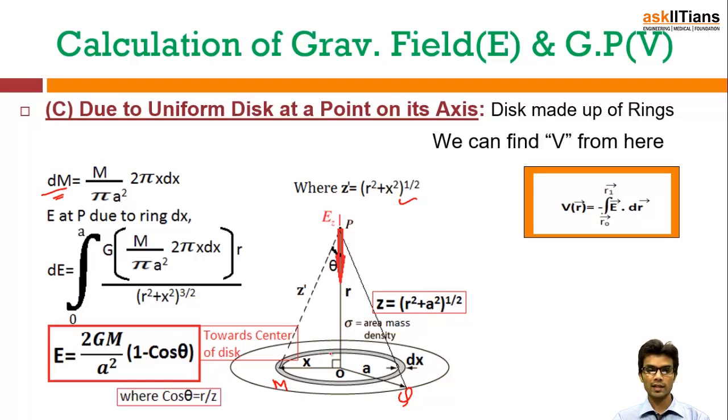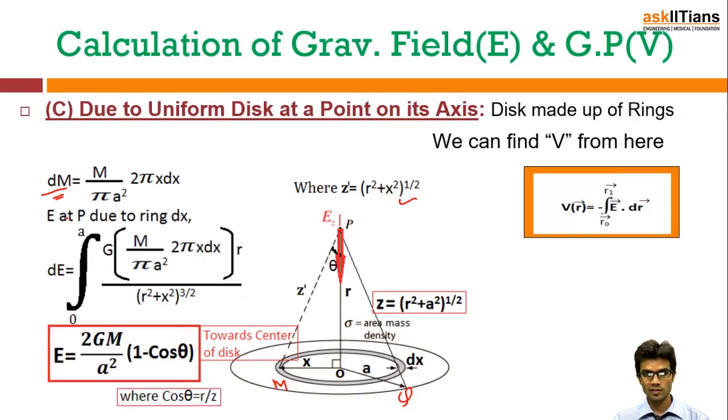Now we know that for a ring, the gravitational field at a point on its axis at distance r is GMr divided by (a square plus r square) power 3 by 2.